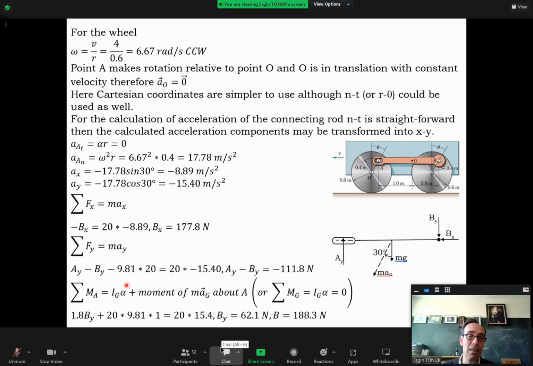But here what I did was I just took moment about this point and equate it to IG alpha, where alpha is 0, so the first term is 0, and moment of MAG about this point, okay? So this is what I did, but you could use this as well if you like.